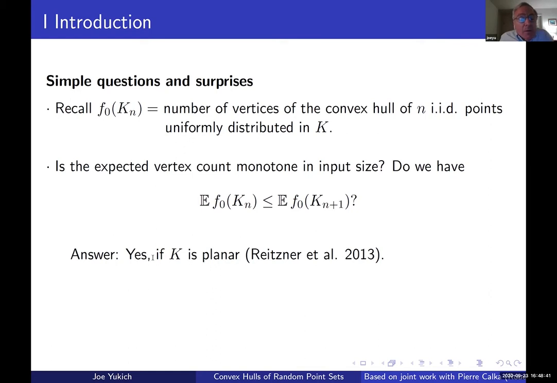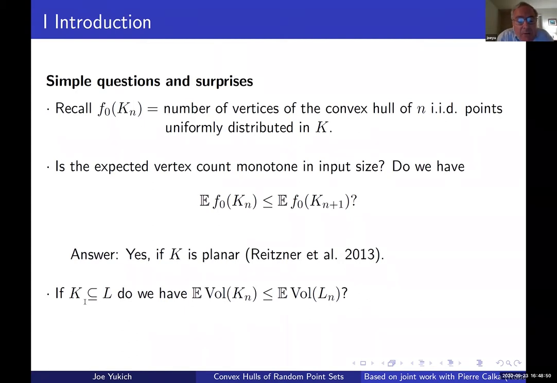A second question is, if you have two sets K and L, K a subset of L, you might expect that the volume of the convex hull of n points put down uniformly at random inside the smaller set should be less than the expected volume of the convex hull of n points put down uniformly at random in the larger set. So you might expect this inequality to hold, but in fact, it does not in general.